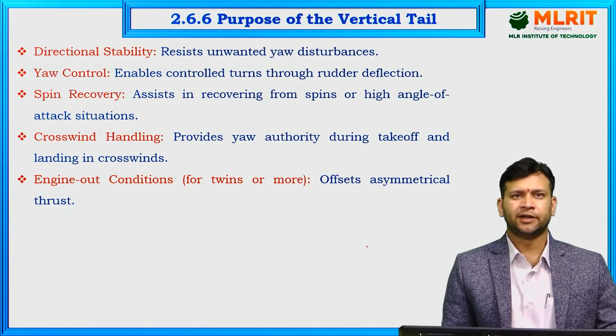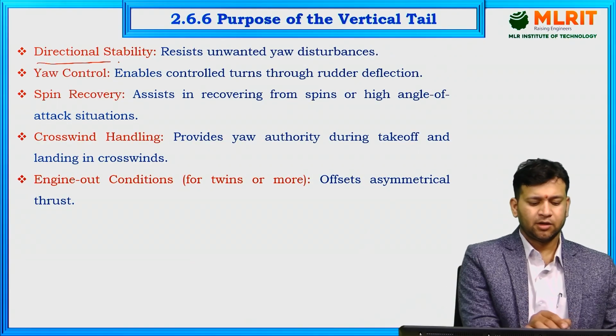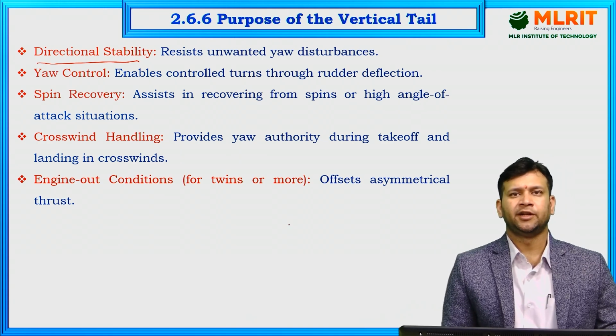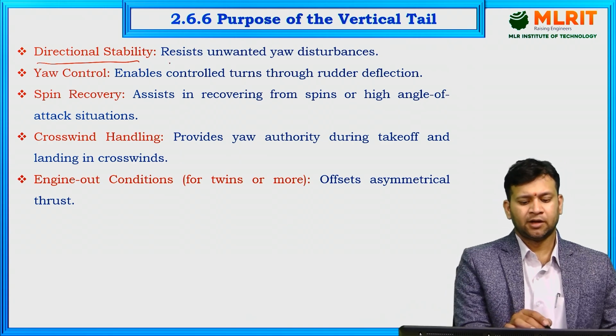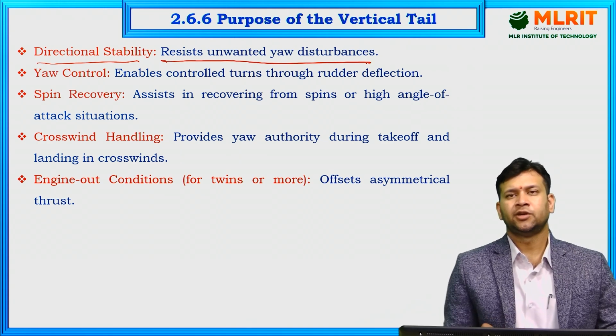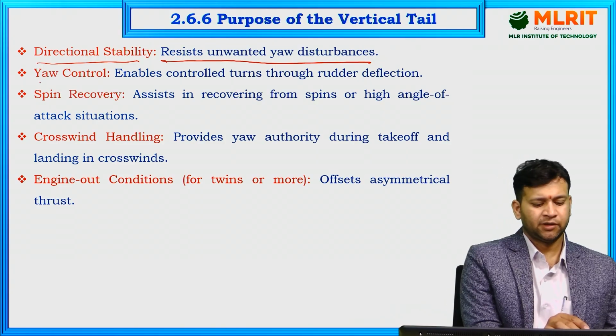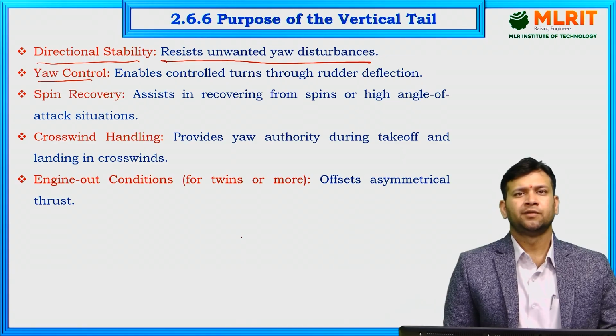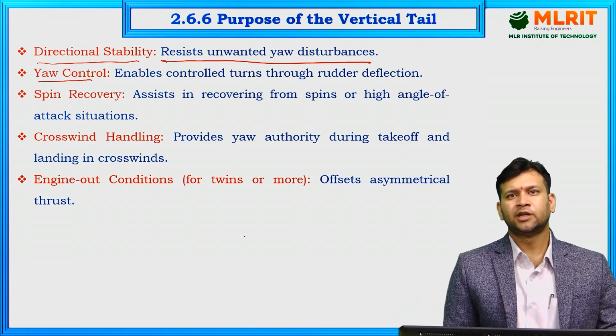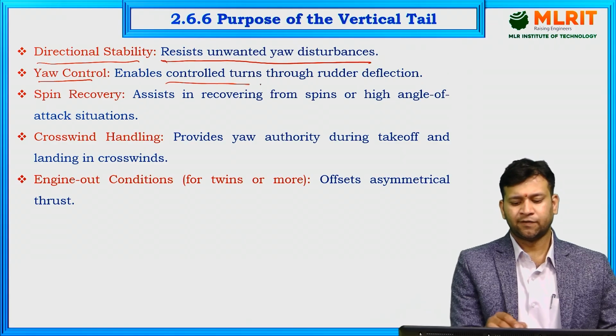Purpose of the vertical tail: it provides directional stability. It resists the unwanted yaw disturbances during flight. The second one is yaw control, which enables controlled turns through rudder deflection.